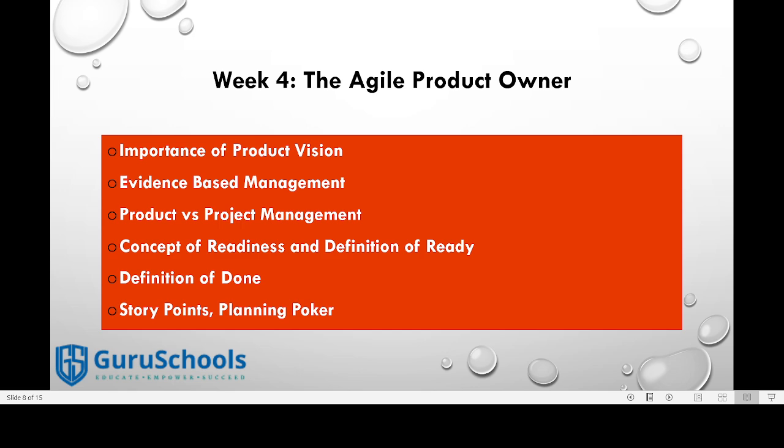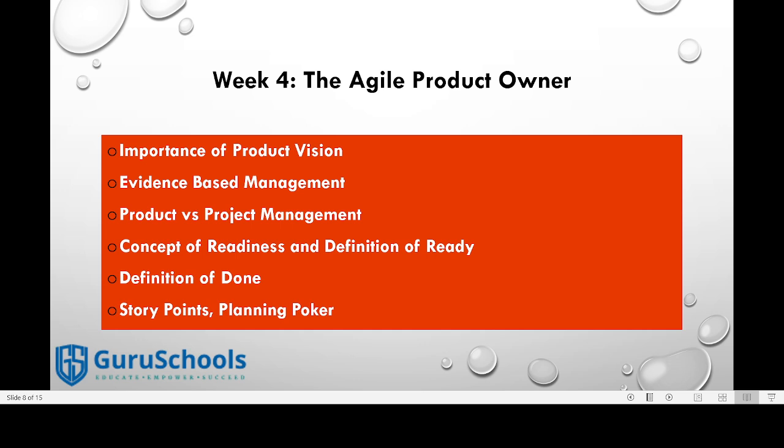How important is it for him to have a product vision before he begins on the journey of product development and product management? What is evidence-based management? What is product versus project management? A lot of people use these words interchangeably, so the idea is to gain clarity and understand the difference between the two.